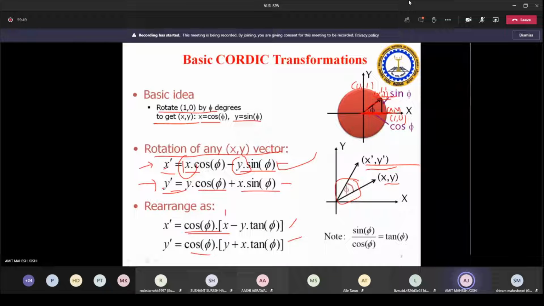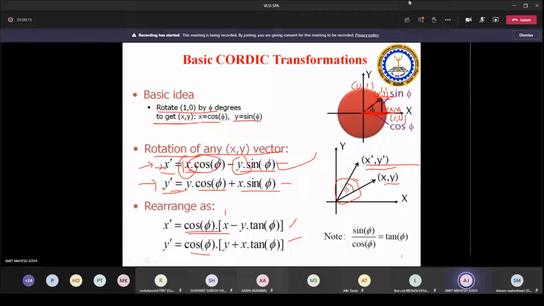Suppose that I want to find out sine. For that sine, I need to ensure that this x has to be 0 and this y has to be 1. Then I can get this x dash, which is equal to minus y sine phi. So at that time this could be omitted.